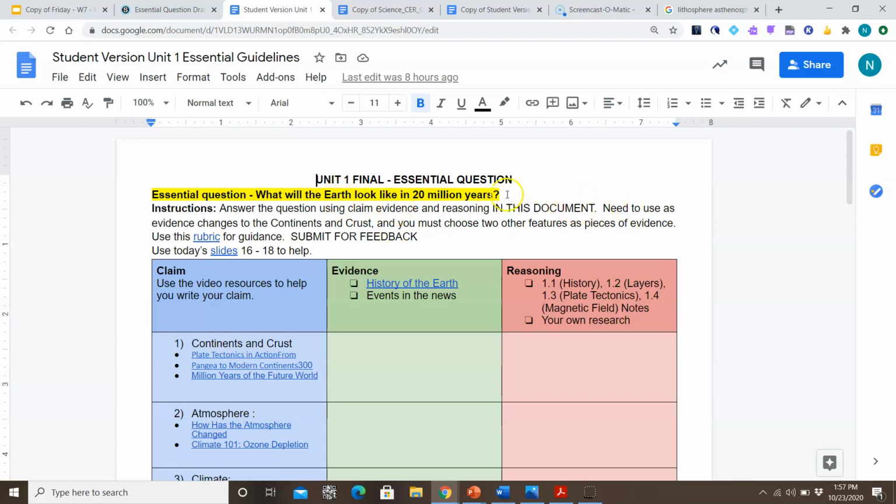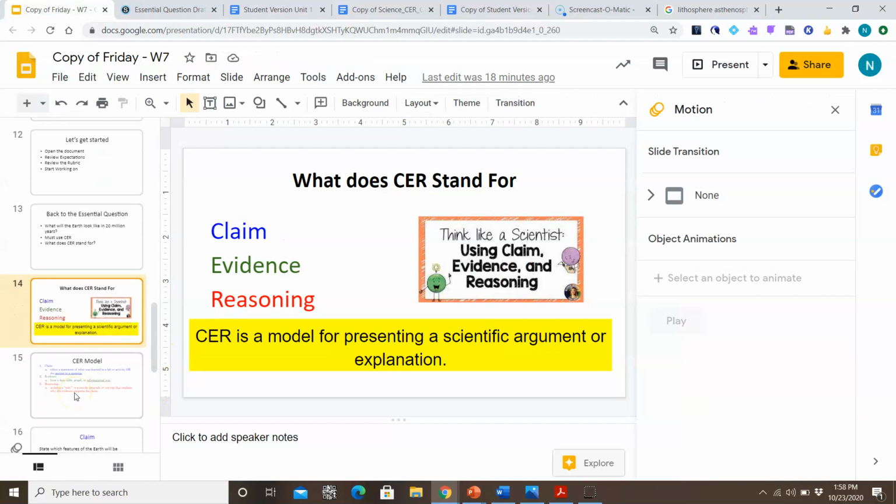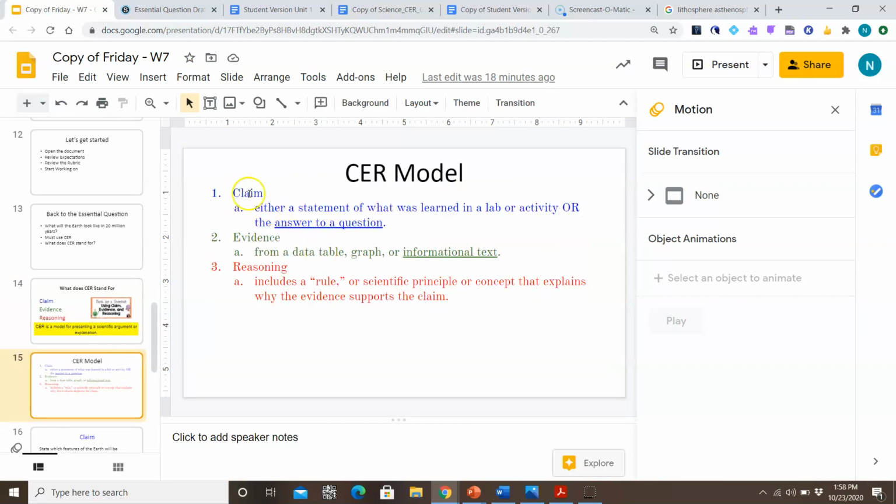All right, so what do you need to do here? According to claim evidence reasoning, remember that there's sort of three parts to addressing a scientific argument. The claim is your statement, so it's your response to the question or your argument.